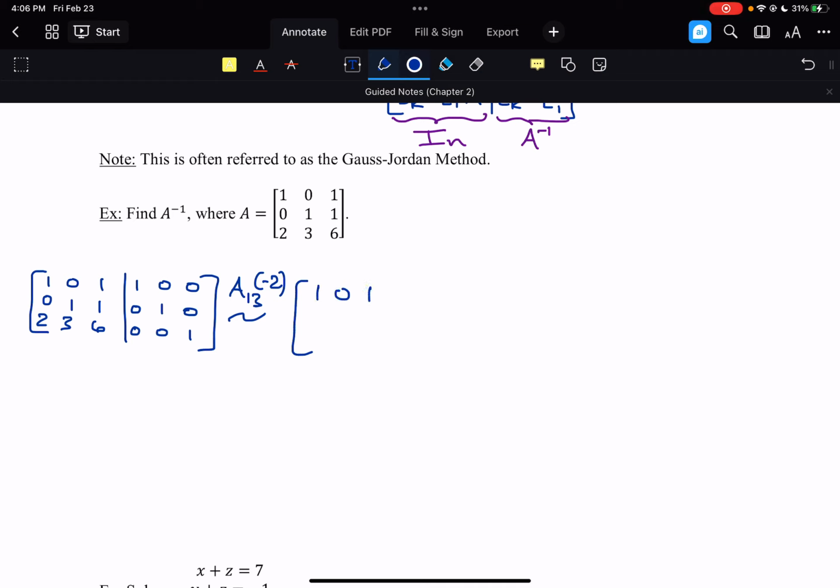So that's 1, 0, 1, 0, 1, 1, 0, 3, 4. And then apply the same ERO to this side. So that's 1, 0, 0, 0, 1, 0, -2, 0, 1.